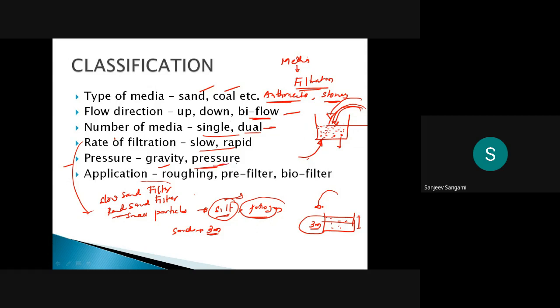We use pressure filters very little, but gravity filters are more common, because most of our water treatment plants are based on gravity flow only.